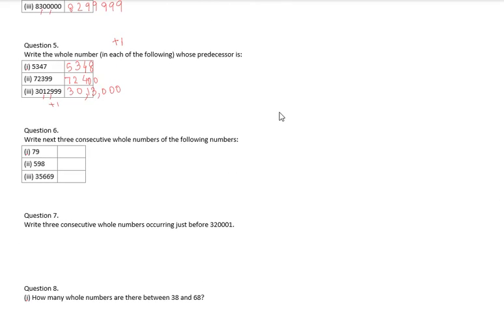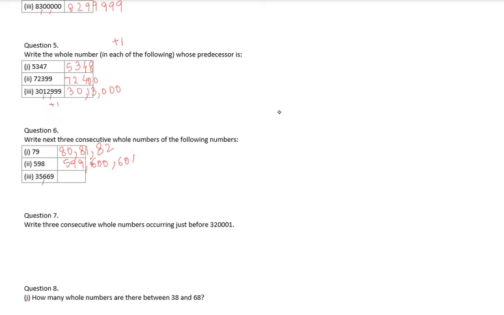The next question is write the next three consecutive whole numbers of the following. Consecutive means just after the other, one after the other. So 79, the next consecutive whole numbers would be 80, 81, 82. Then 598, so 599, 600, 601.